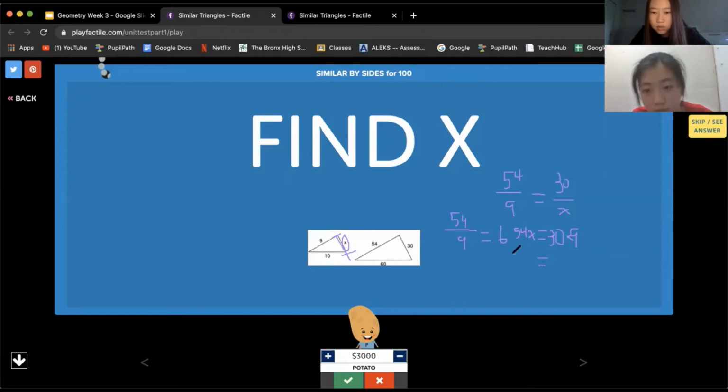So 54x equals 270. So we divide by 54 on both sides. We get that x equals 5. So this x equals 5.